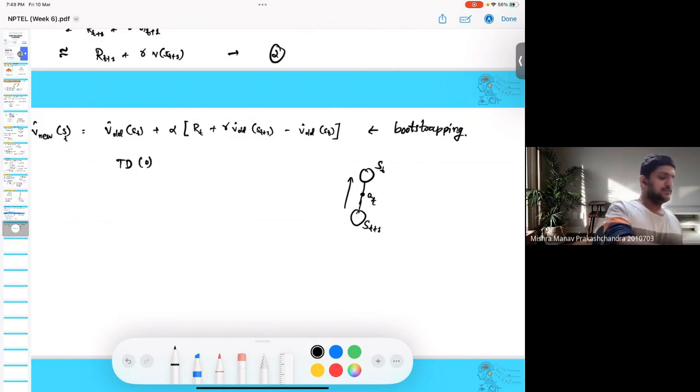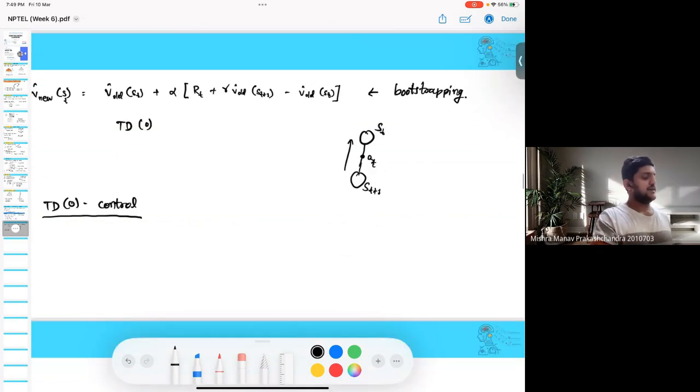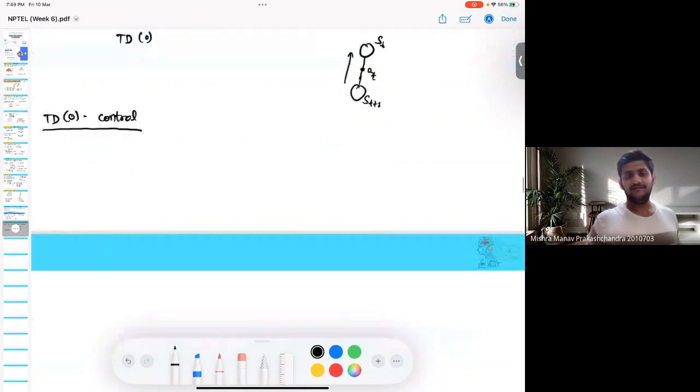So this was TD0. Now, after defining this, the next step is definitely the control aspect of it. With TD0, all we have been doing is dealing with the evaluation of a state. For control, we don't use the V function, we use the Q function.